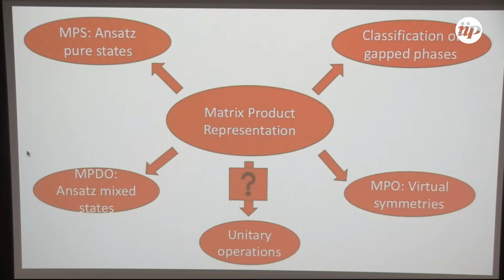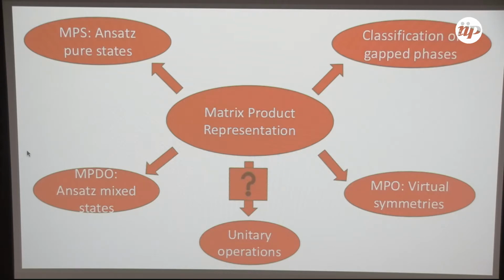People also use this as an ansatz for mixed states, like for thermal states or density matrices. And we have used this to explain physical phenomena like topological order by using matrix product operators as virtual symmetries.